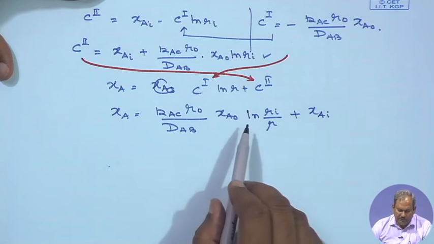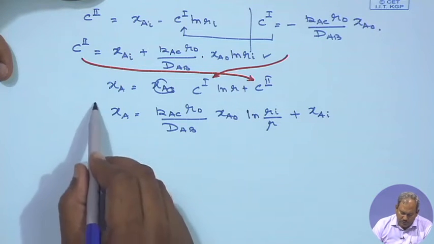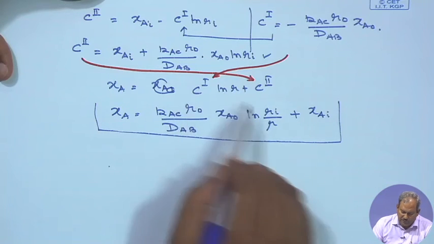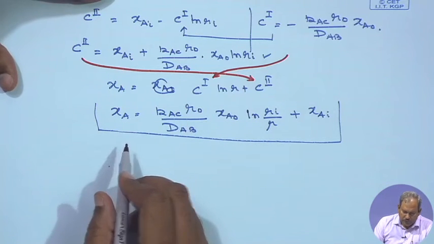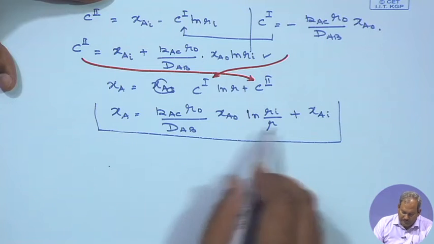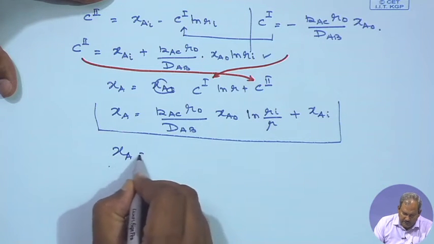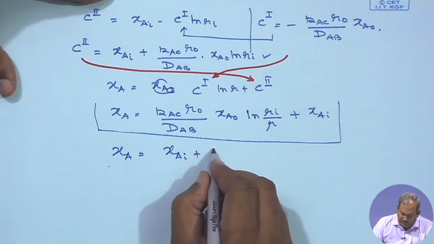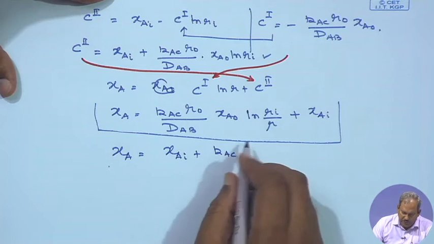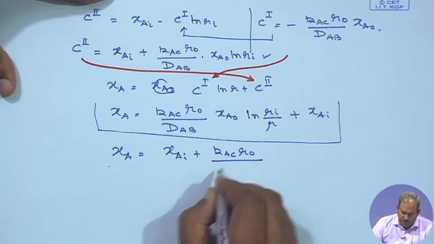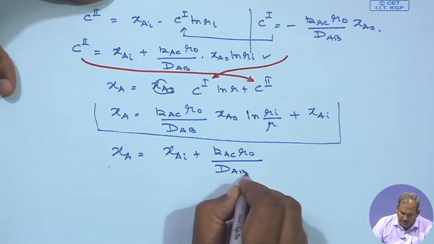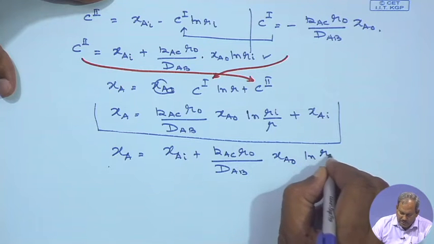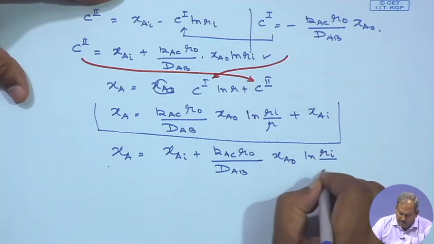So, this is the total overall expression for xA that you are going to get out of this relation, written in a more general way.